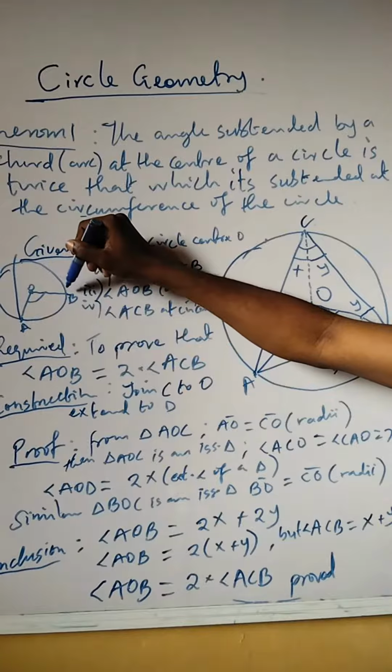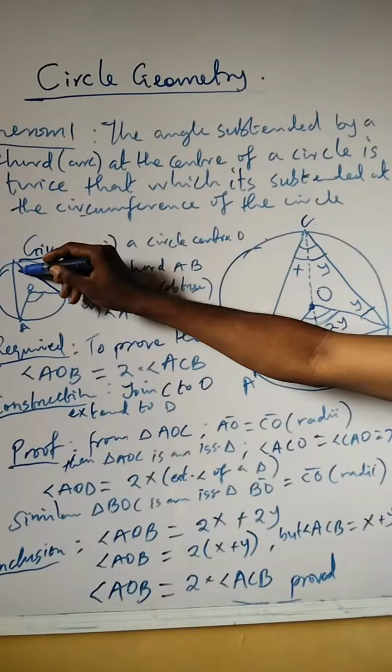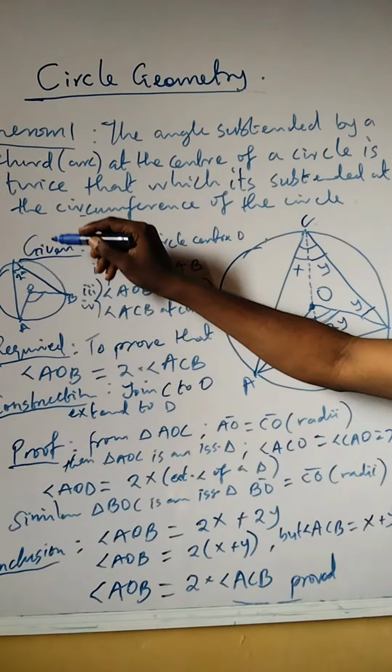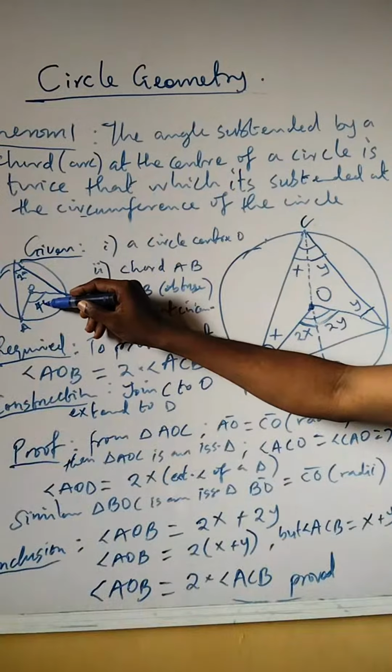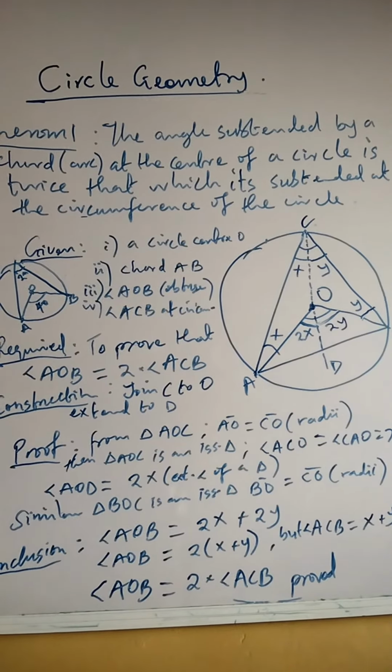So if we have another angle at the circumference here and the angle at circumference here is maybe 20, for instance, the angle at center will now be 2 times 20, which is 40. So that is in essence what we are talking about as far as the circle theorem is concerned.